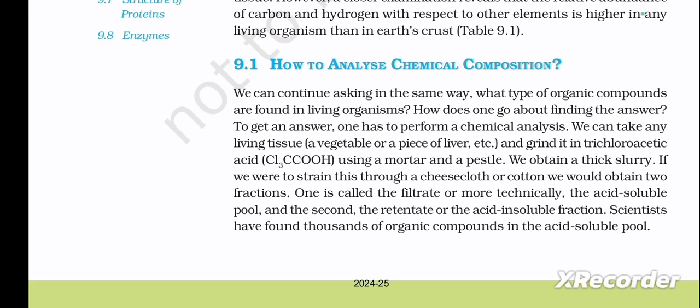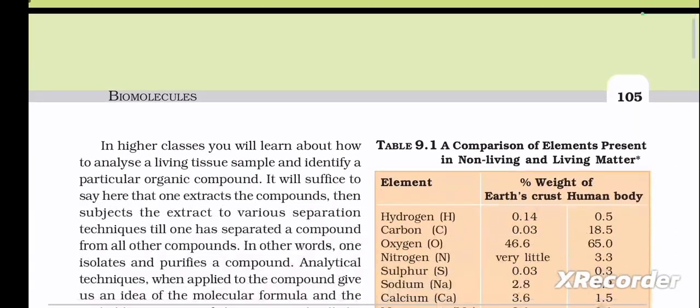If we were to strain this through a cheesecloth or cotton, we would obtain two fractions. One is called the filtrate, or more technically the acid soluble pool, and a second retentate, or the acid insoluble fraction. Scientists have found thousands of organic compounds in the acid soluble pool.